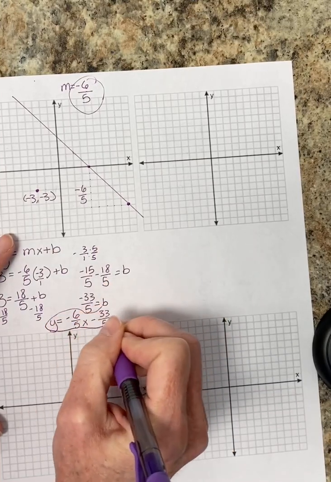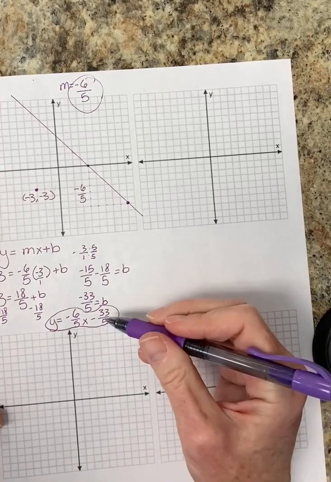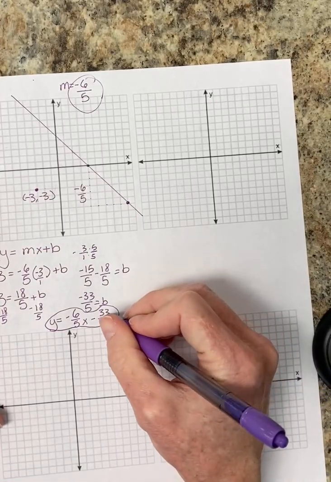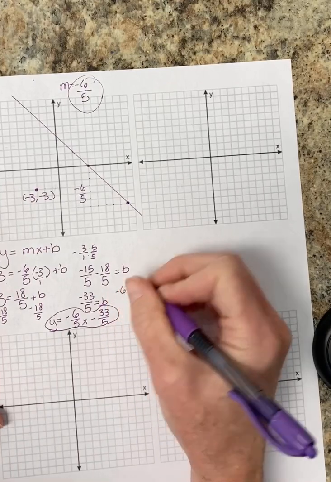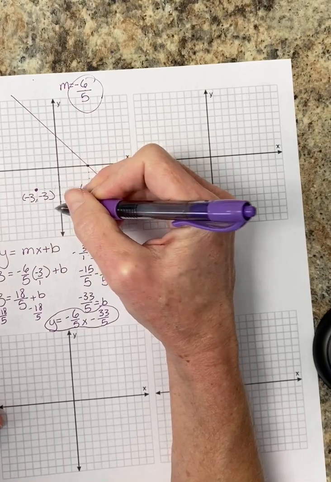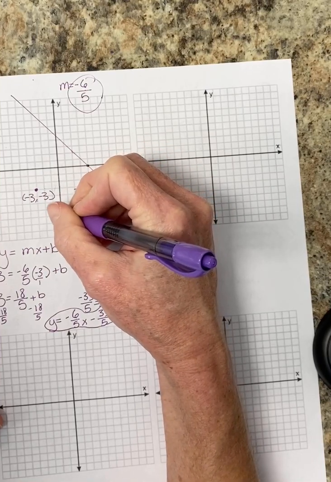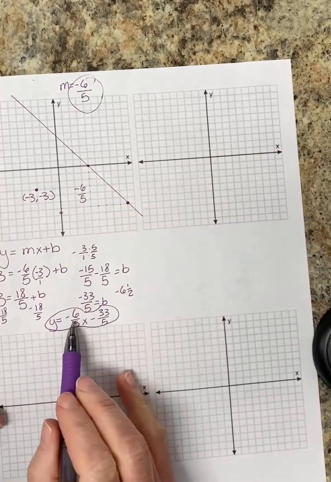Ooh, your assignment won't have ugly ones like that, I promise. So let's graph this, though, and see if it works. So -33/5, that is actually -6.5. It's not that bad. 1, 2, 3, 4, 5, 6.5. Boom. Okay. So let's graph this next point.